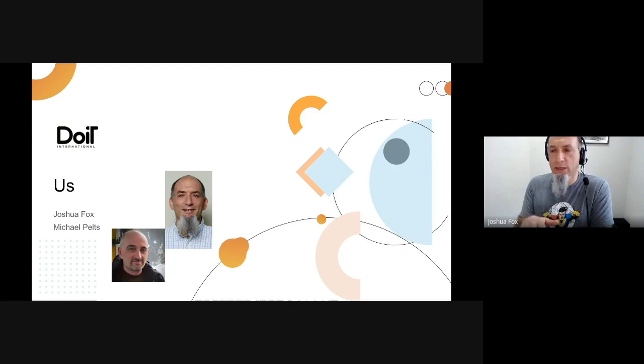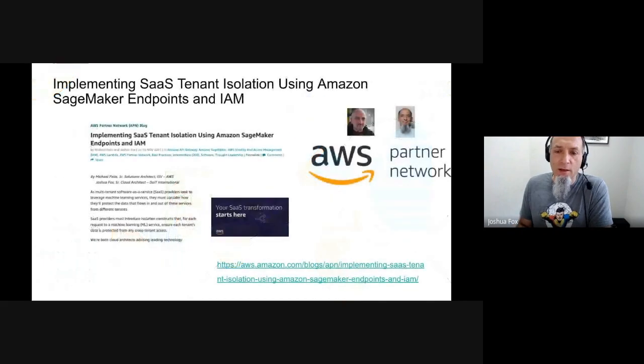So going into more detail on that theme, going deep into that area, machine learning software as a service. Michael and I, who have worked together in various companies, wrote this article, which you can read on the Amazon Partner Network blog about implementing software as a service tenant isolation using SageMaker endpoints and IAM.